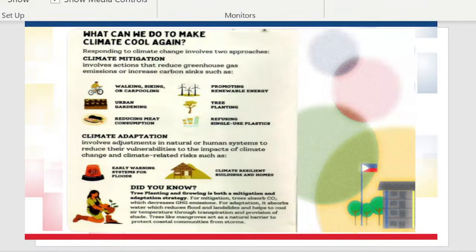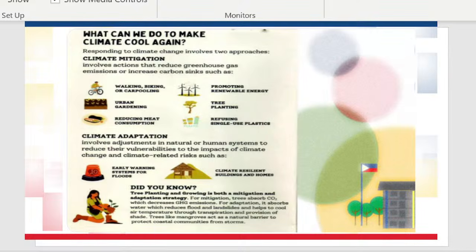This is climate mitigation. We do not use single-use plastic when we use bags, paper bags.